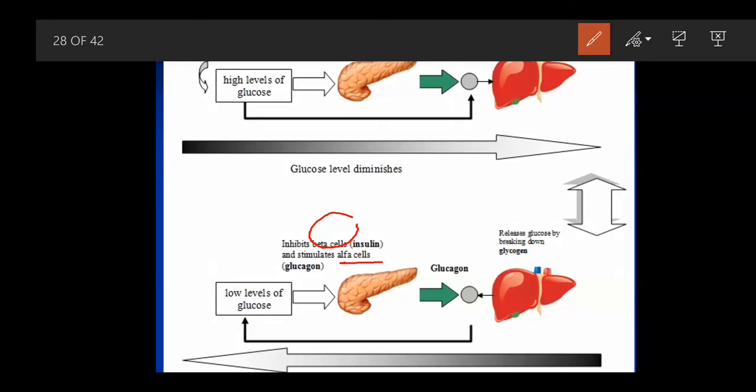Now, I have mentioned that insulin brings about conversion or breakdown, that is oxidation, of glucose to carbon dioxide. And carbon dioxide being produced here is normally produced through a process that we call respiration.